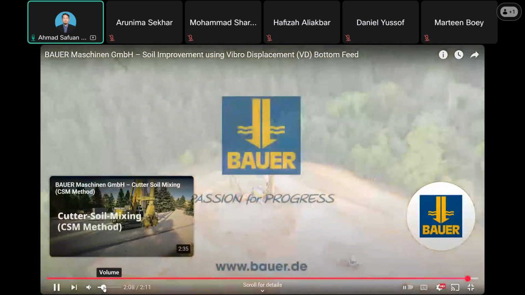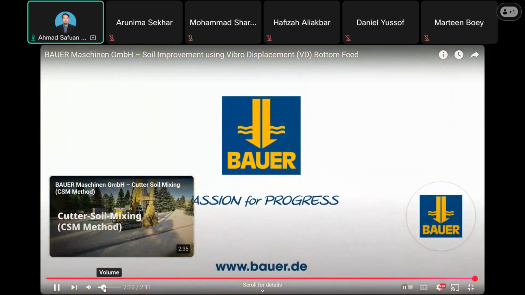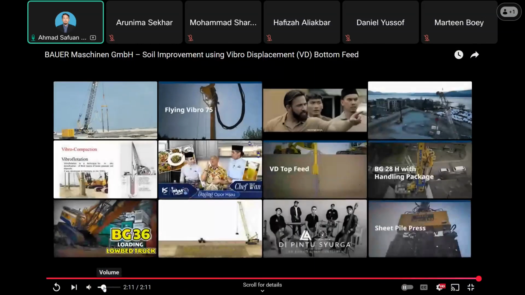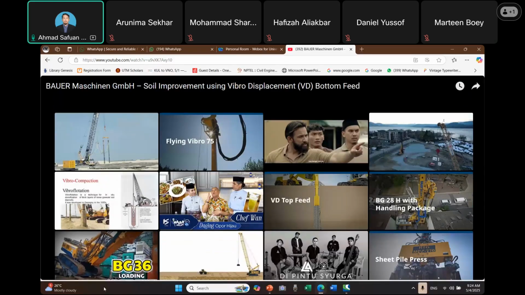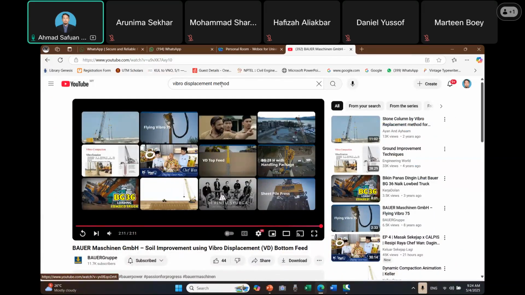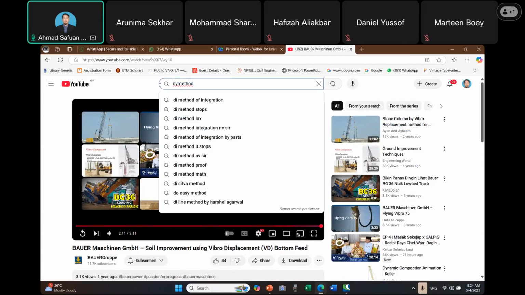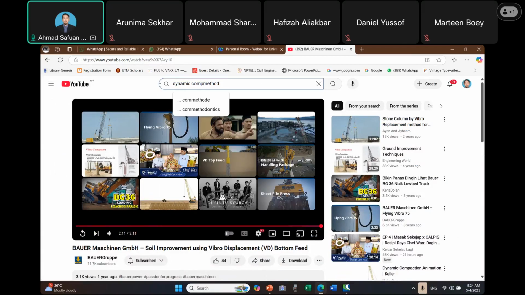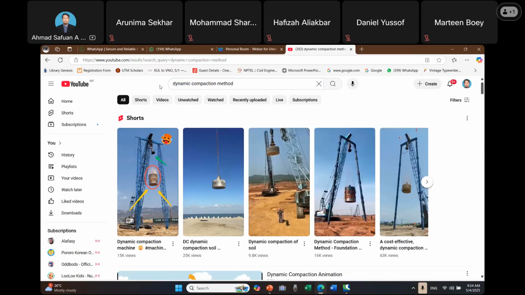The difference is only in the type of installation method. Next, we look at the deep mixing method, or the dynamic compaction method.